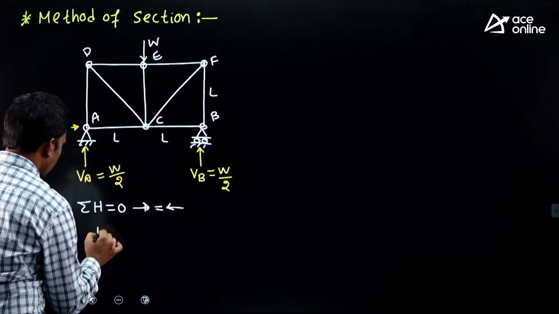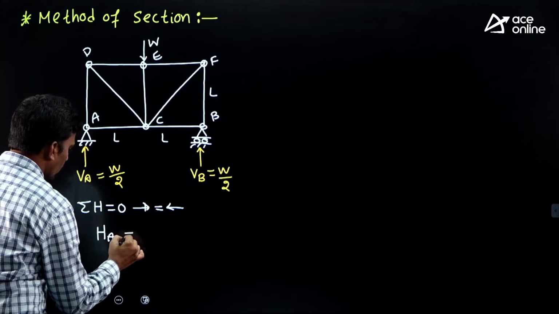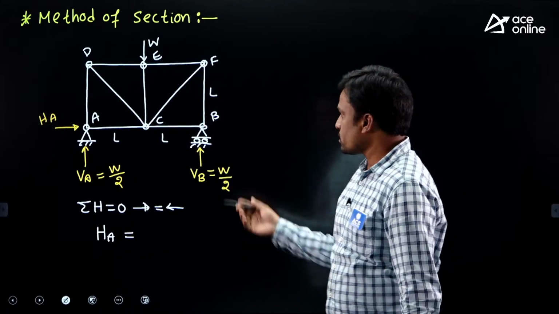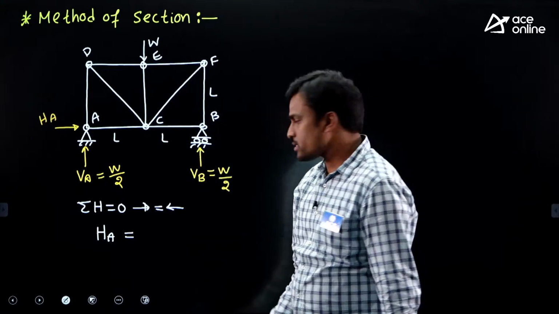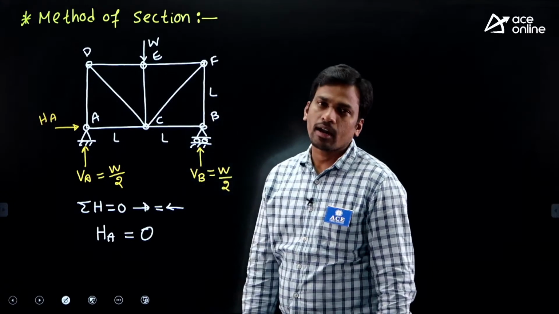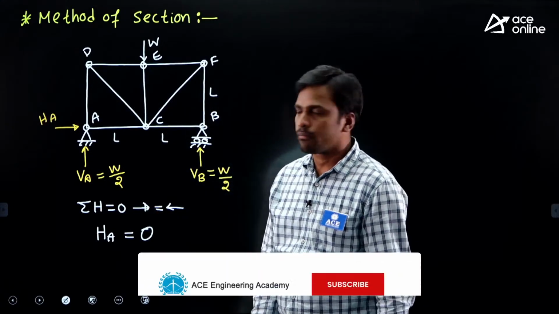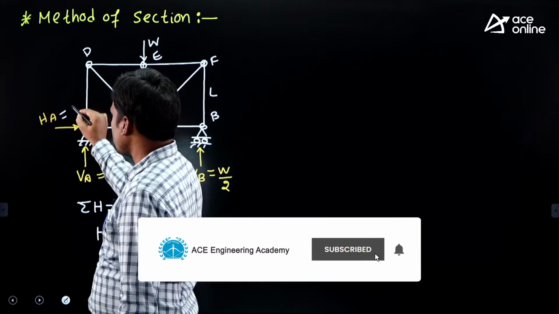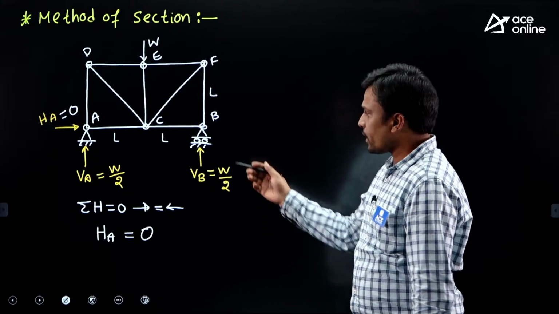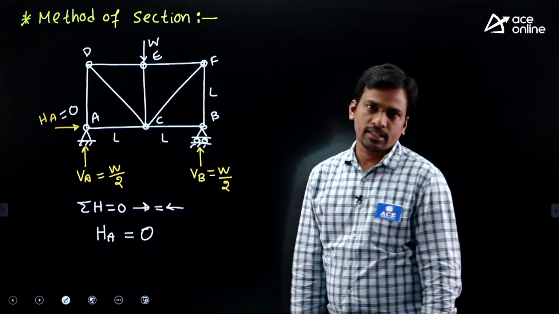Right force HA equals the left forces, and there are no left forces in this diagram, so it equals 0. It means the horizontal reaction HA is 0. So we calculated the support reactions.